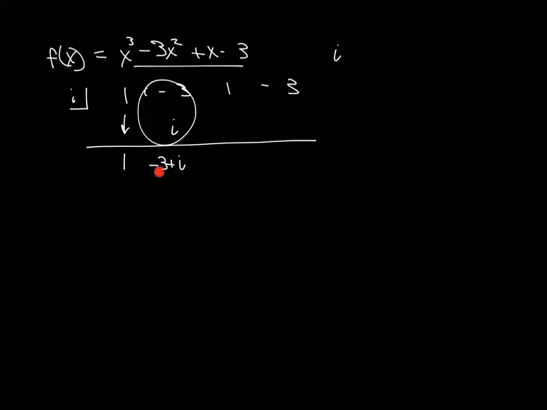Multiply i times this. We get -3i plus i squared. And if you remember, i squared is -1, so we're going to put -1 there. Add these two, so -3i minus 1 plus 1.